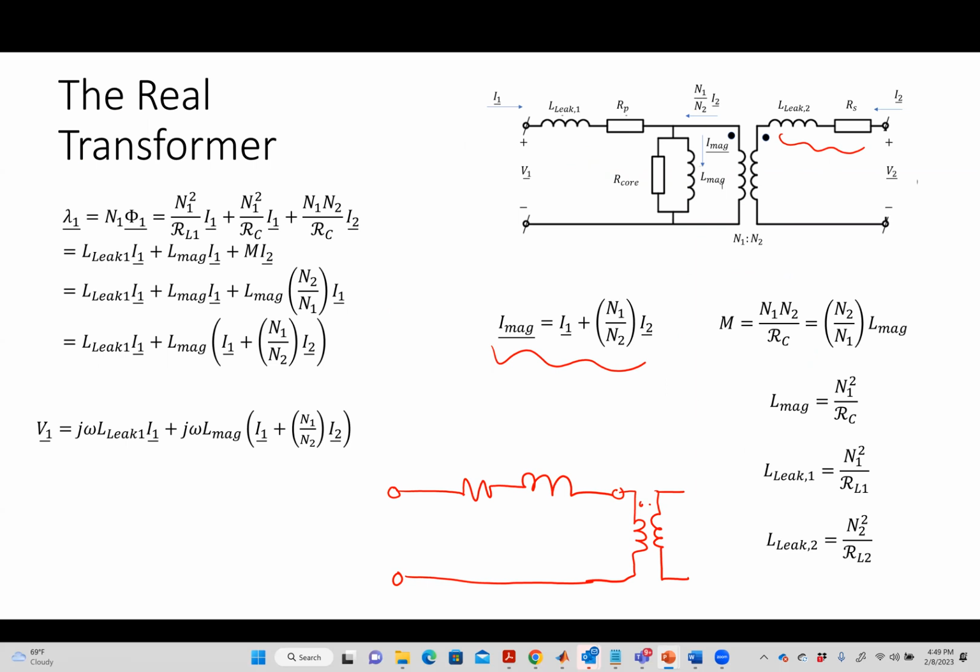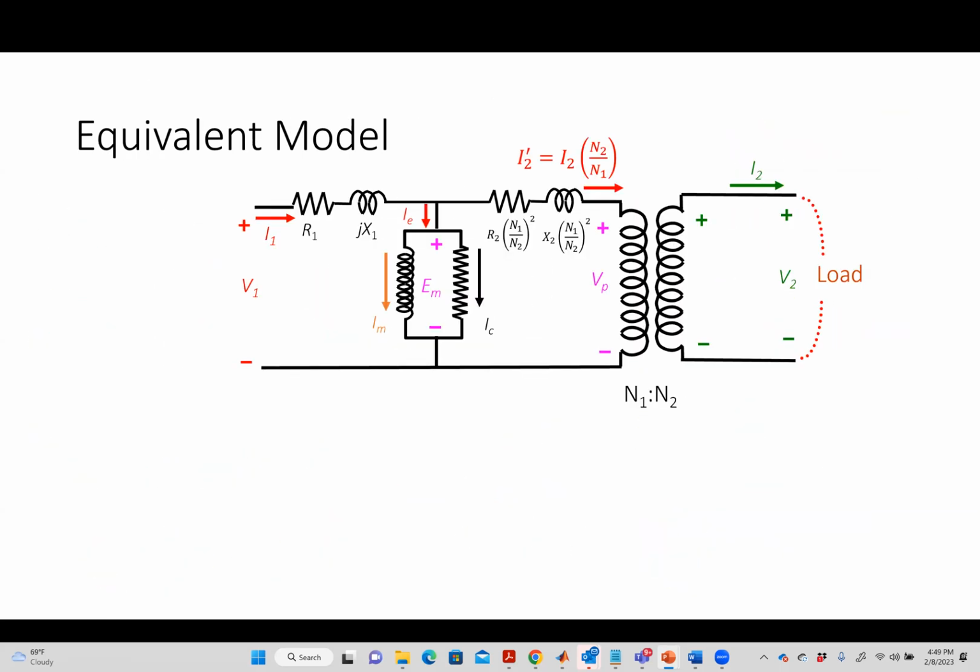I can take that impedance and I can reflect it over to the primary side. And when I do that, this is what I end up with. You can show, and again, I don't want to go through the details, but if you do a KVL, you can find out that what I just did here is going to give me a completely equivalent set of relationships.